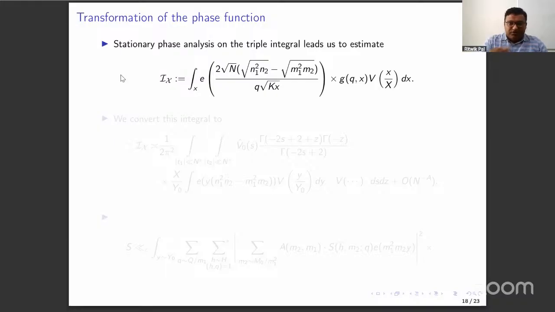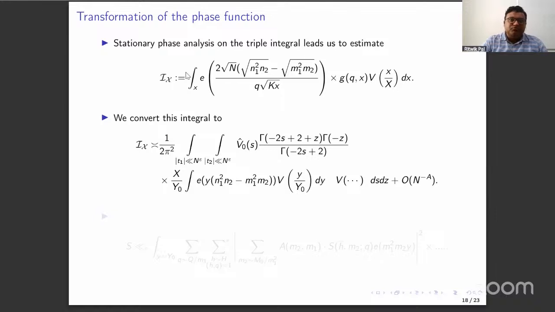So what we do is change that phase function into a phase function which is linear over the size of n1 square n2. Here you can notice that this is the square root of n1 square n2, and here we have shown that the phase function has changed to linear over n1 square n2 and m1 square n2.